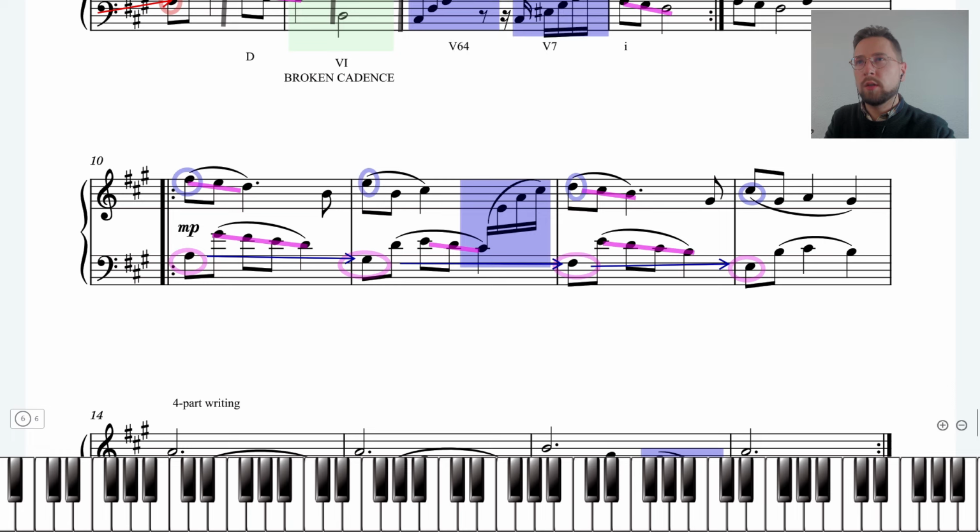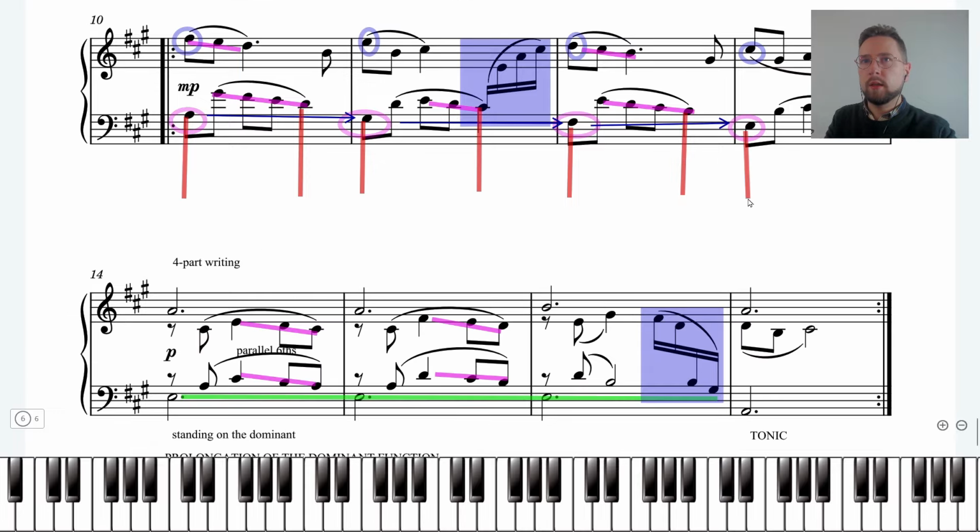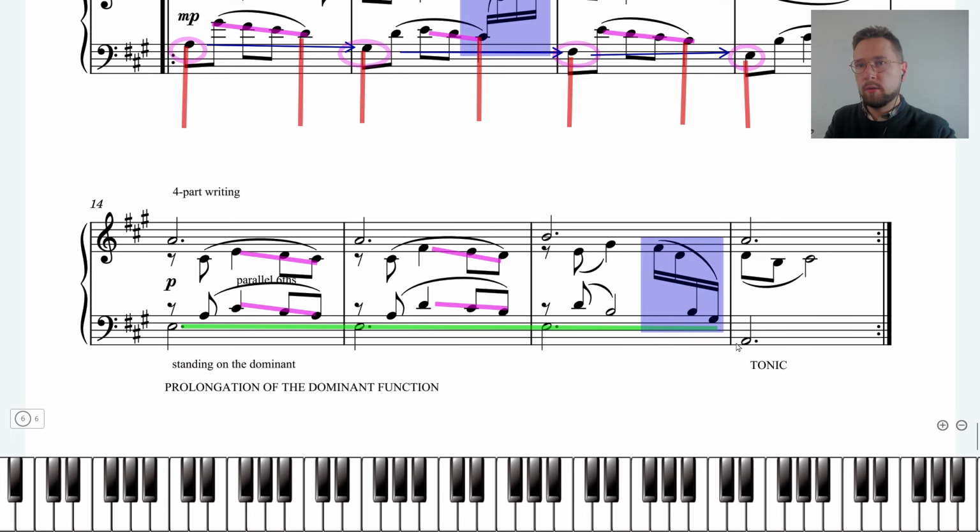So let's try to highlight the circle of fifths here so we get to see it more clearly. I'll do a red line for it. So we have here the A that goes to the D, the G sharp that goes to the C, the F sharp that goes to the B, the E that goes to eventually A, which is at the end, right? So that's the point of ending.